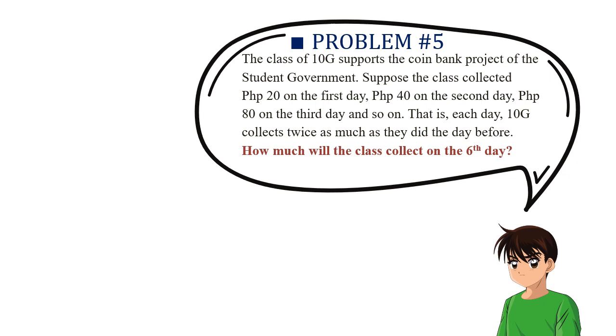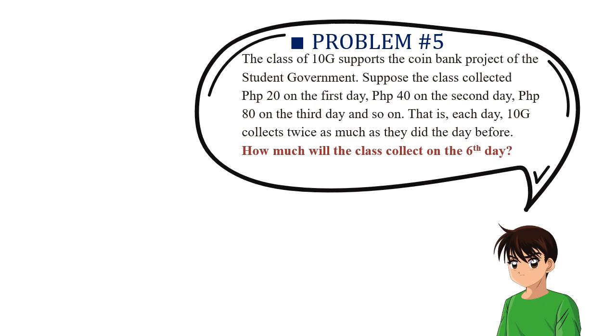Of course, it's an application of geometric pattern, and we can easily get the common ratio because we have the values given here. The first, second, and third terms are 20 pesos, 40 pesos, and 80 pesos. So we have 3 consecutive terms here, and our common ratio is 2. 40 divided by 20 or 80 divided by 40, the common ratio is 2.